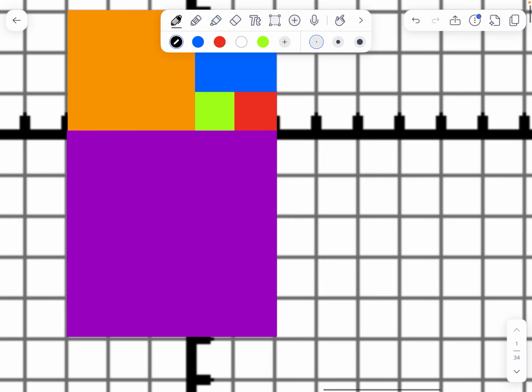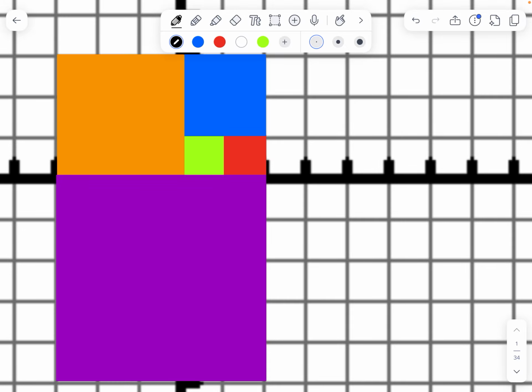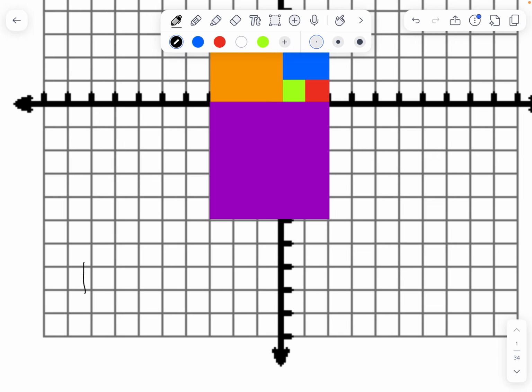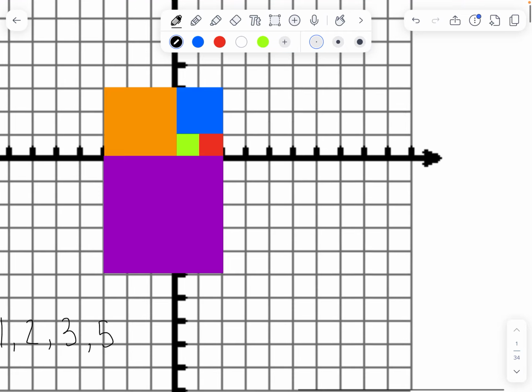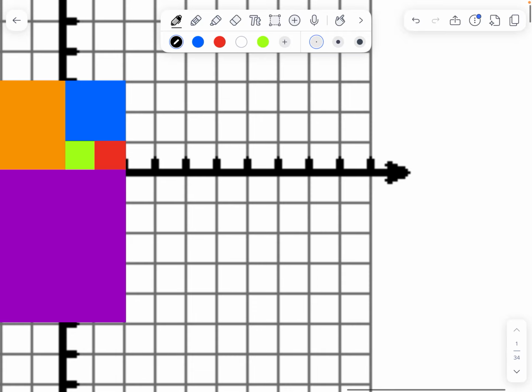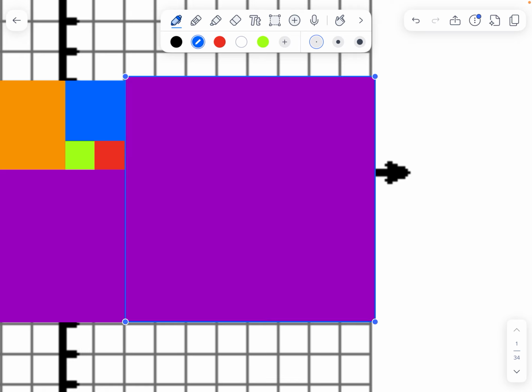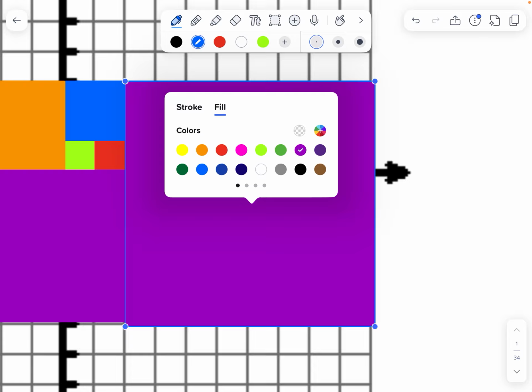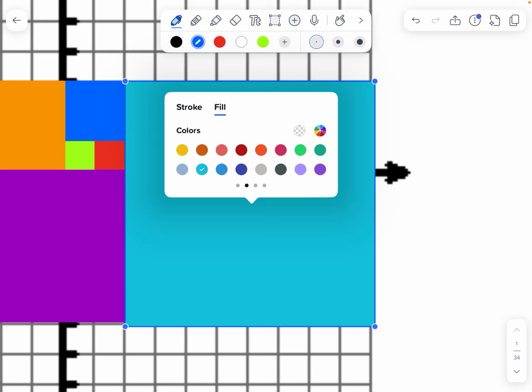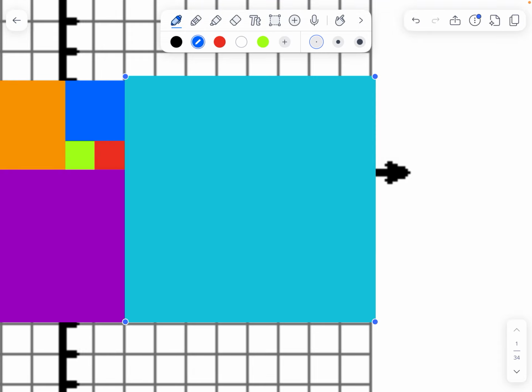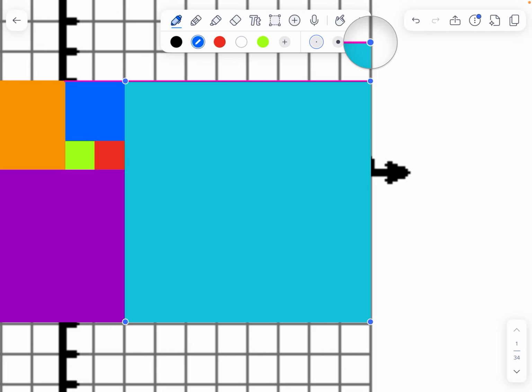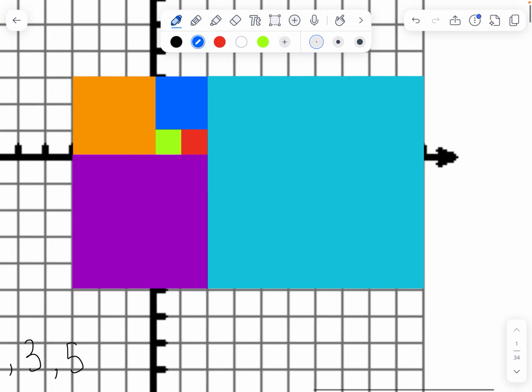Right, so we started with the Fibonacci sequence. So the sequence is 1, and then it's 1, and then it's 2, and then it's 3, and then it's 5. So let's keep on going. So now we need 8. Okay, now we have 8.